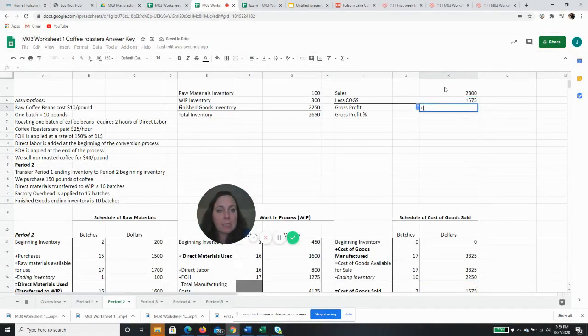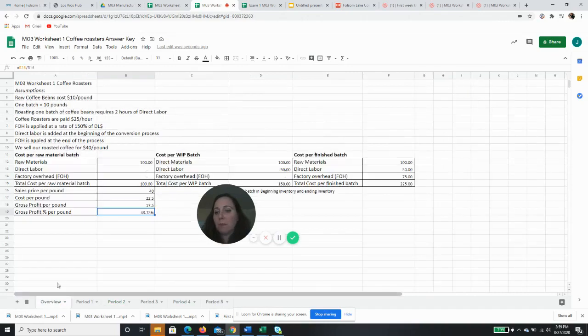So if I take my sales minus my cost of goods sold, I get a gross profit of $1,225. And if I take my gross profit and divide it by my sales, I get a gross profit percentage, or gross margin, of 43.75%, which is exactly what I'm looking for.